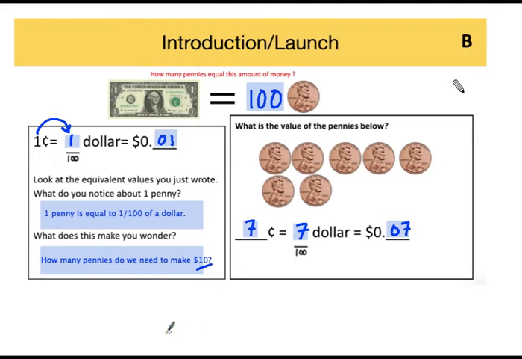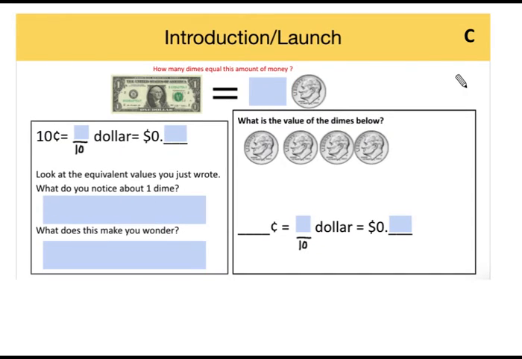All right, let's take what we did here on this slide, and now examine how many dimes would equal a dollar. So take a minute to fill this in, and when you're ready, go ahead and unpause. All right, now this fraction here is a little bit different than the previous one.